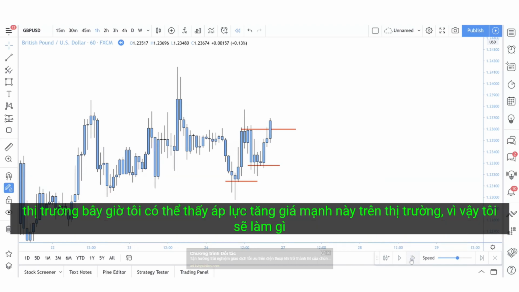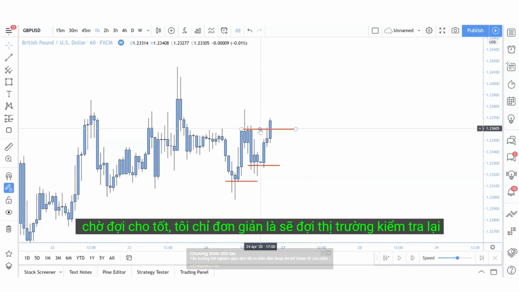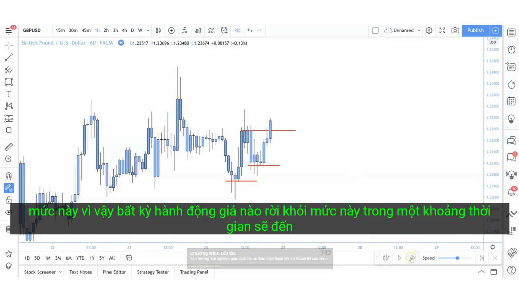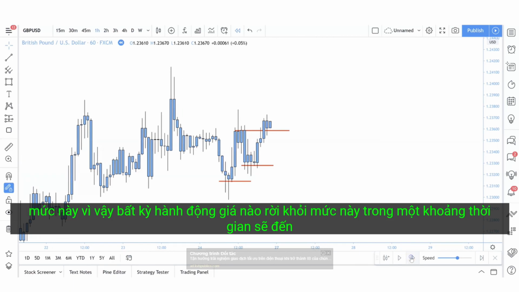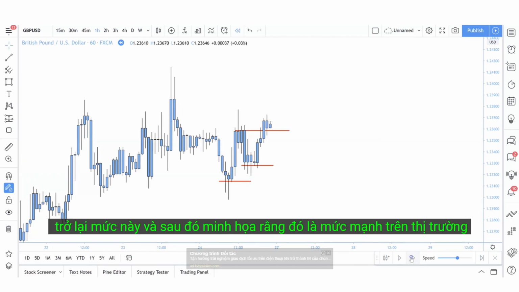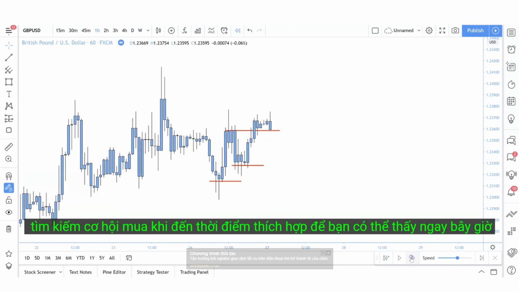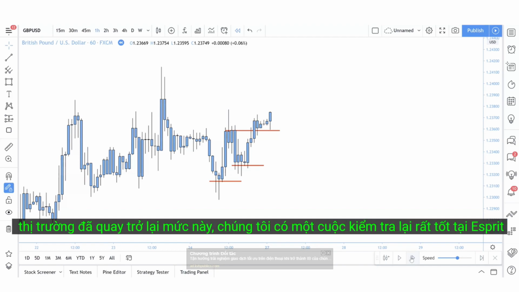Then I'm going to be waiting for the market to retest this level. I need price action to leave this level for a period of time, come back to it, and illustrate that it's a strong level to look for buying opportunities when the time is right.